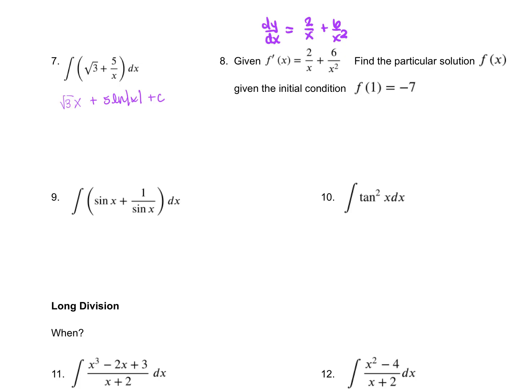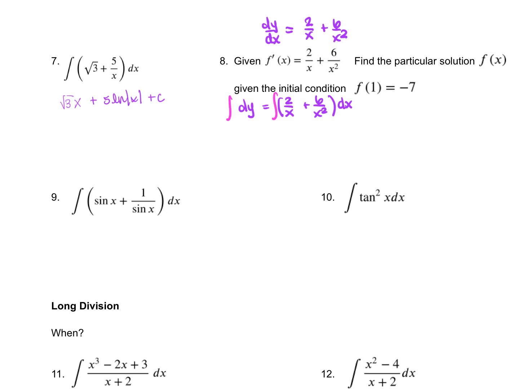So technically, this is a separable differential equation. So you get your dy and all your y's on one side. You get your x's and your dx on one side. Then you're going to integrate both sides.